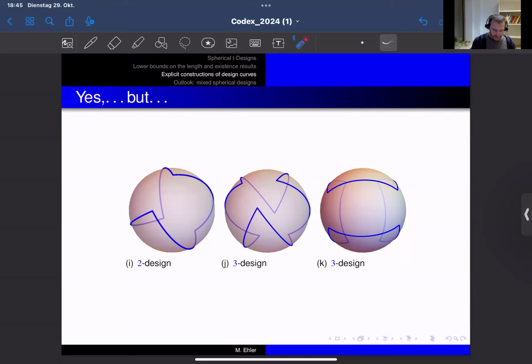In fact, they are somewhat related to a simplex, an octahedron, and a cube, but one has to move around the edges, the vertices a little bit. So it's not such a simple construction, but this can be proven.